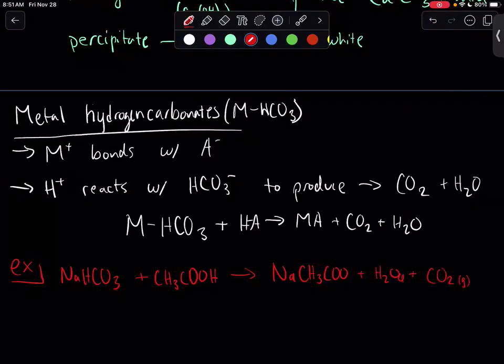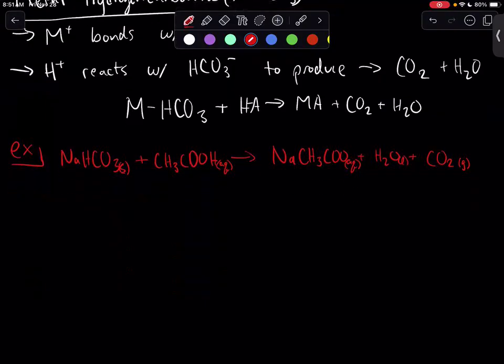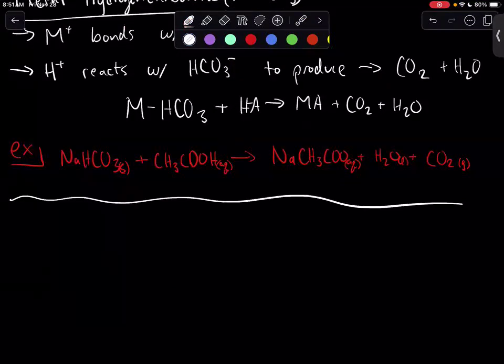Gas, liquid, aqueous, solid. So this is one of the most common reactions you'll ever see with metal hydrogen carbonate. It's baking soda plus vinegar. A very simple reaction used to make volcanoes erupt if they're paper mache in a science fair, but a fun one nonetheless.